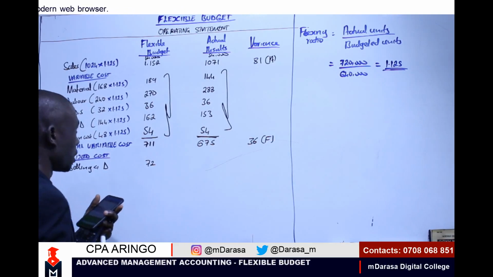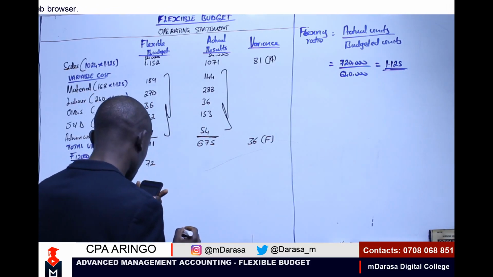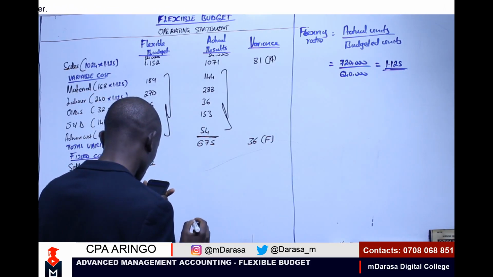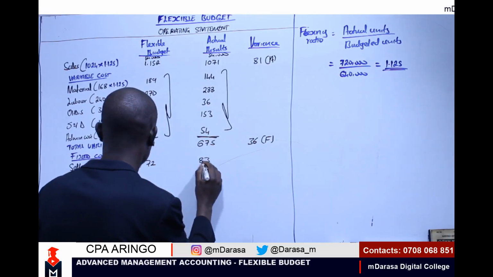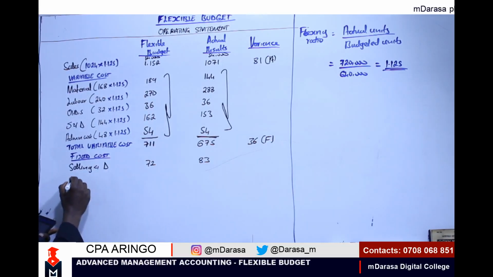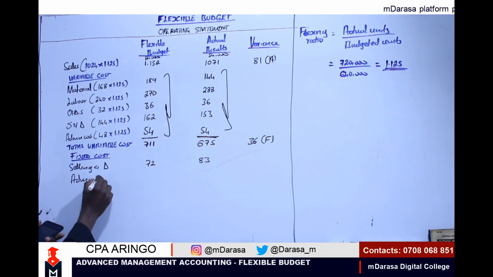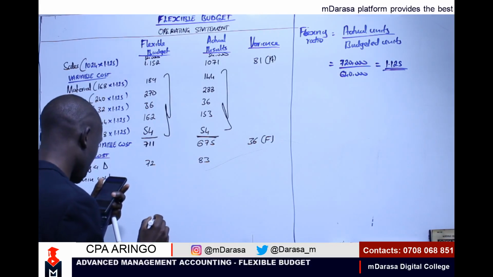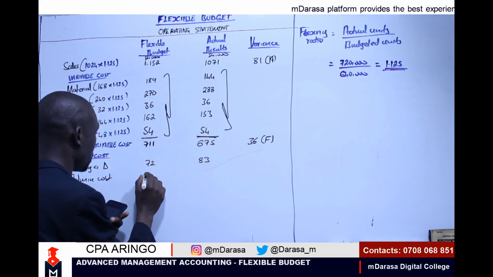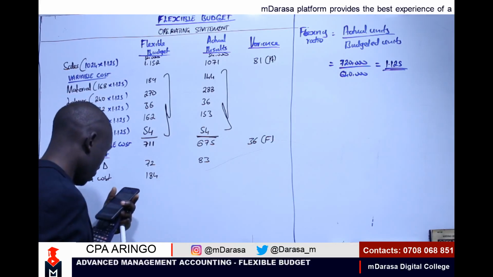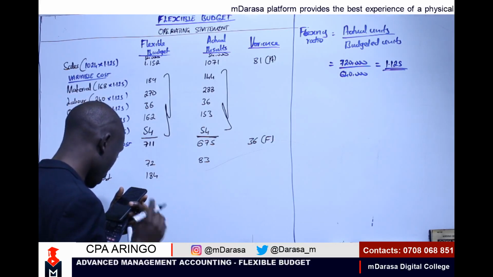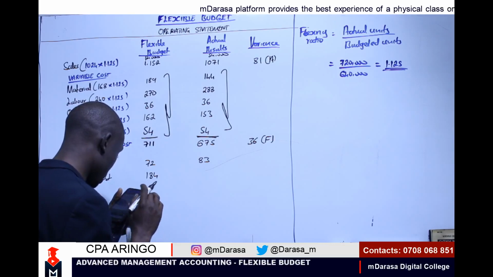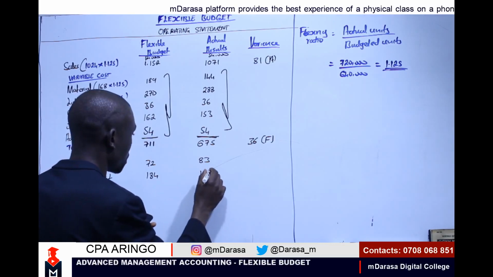The aspect of actual fixed, I was given 83. Admin costs, I'm given a figure of how much? That should be 184. And on the other case, we do have 176.